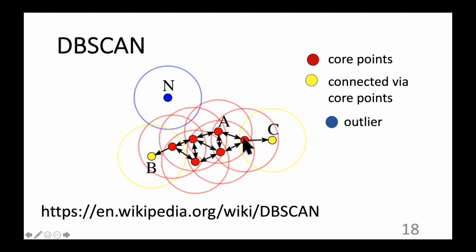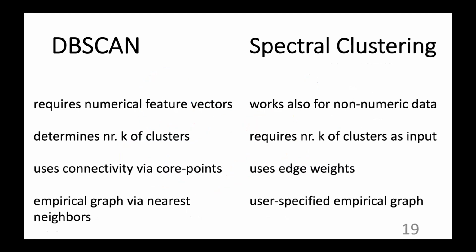They are only considered connected because they can be reached by intermediate core points. And core points are those which have a sufficient number of nearby data points. The resulting method is called DBSCAN, and it's one of the most popular. I would say, next to K-means, soft clustering with Gaussian mixture models, and spectral clustering, it is among the 4 or 5 most popular clustering methods.